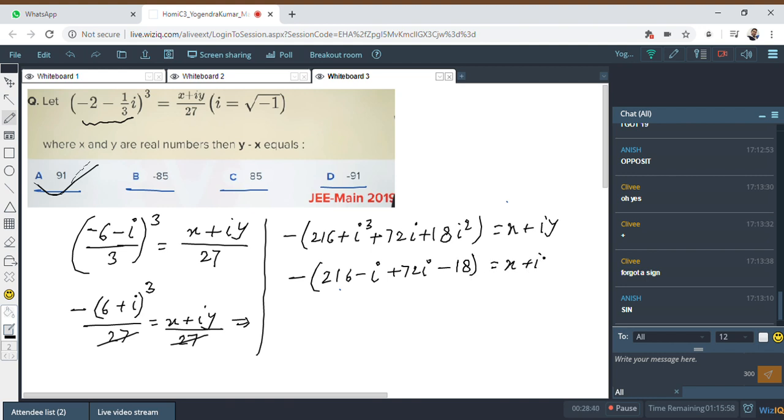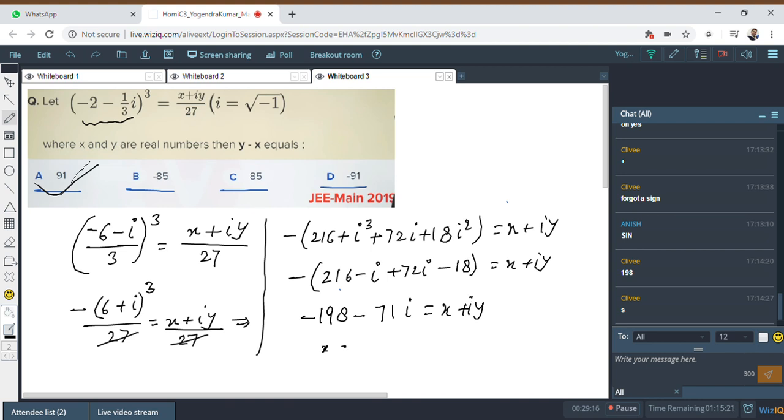So I can get x equal to what here? Let me take one more step to simplify this. Minus 216 minus 18, how much will it be? 198. The minus sign is there outside, so I'm keeping the minus sign. Now here, minus 71i is equal to x plus iy.